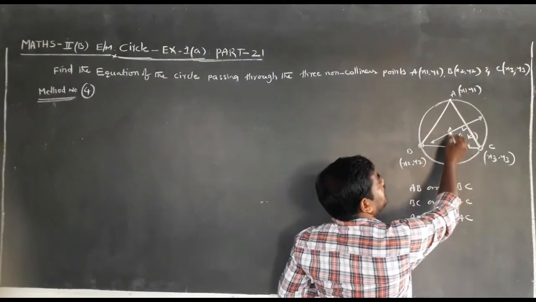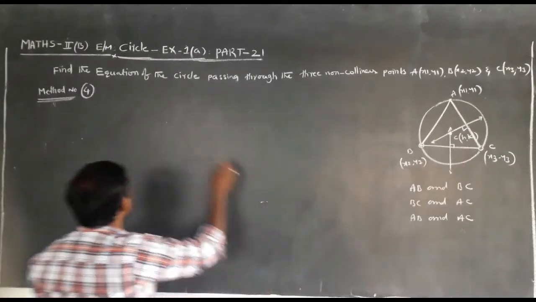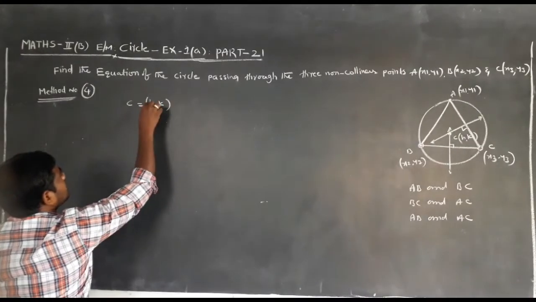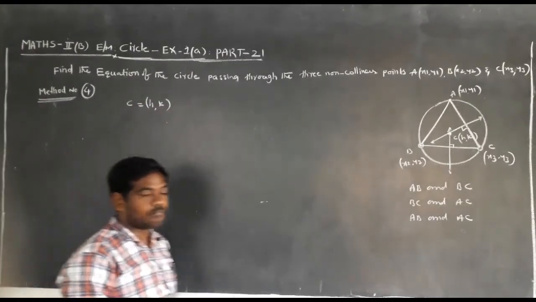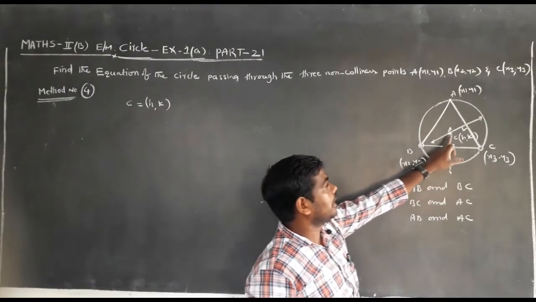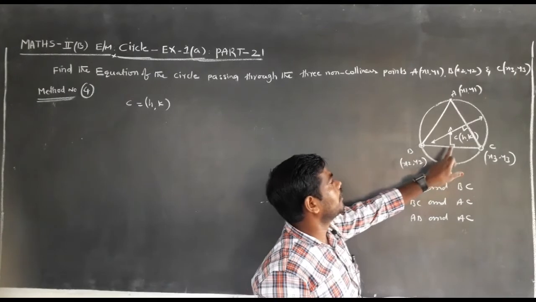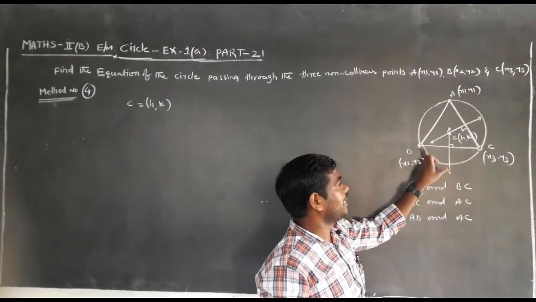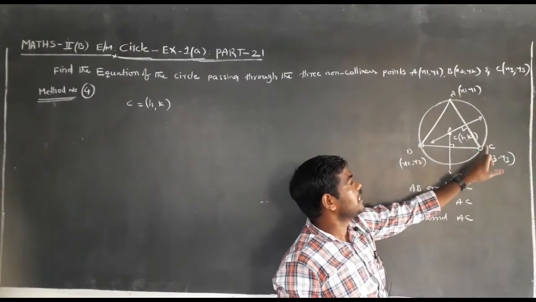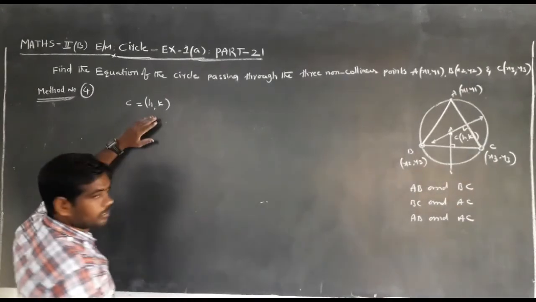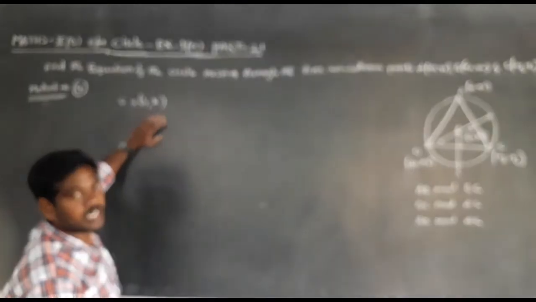The point of intersection of the perpendicular bisectors of the sides is the center of the circle.